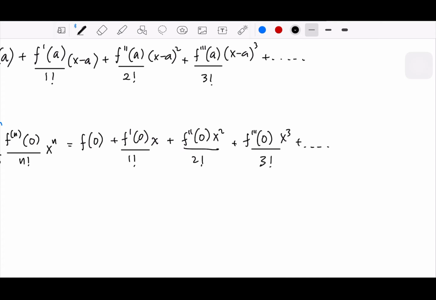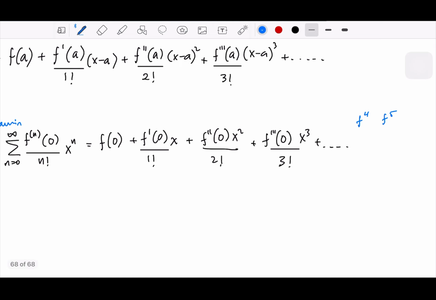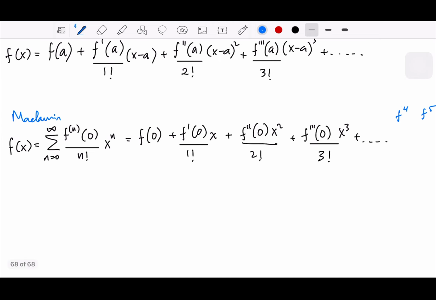If you're wondering how to write the fourth and fifth derivatives, usually for 1 to 3 we write with this line, which we call the accent. But if you go beyond 3, we can describe it with a number. So this is called the Maclaurin series. Basically it's the same as the Taylor, but the difference is that a is equal to 0.